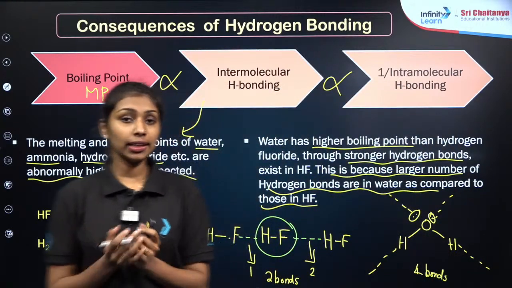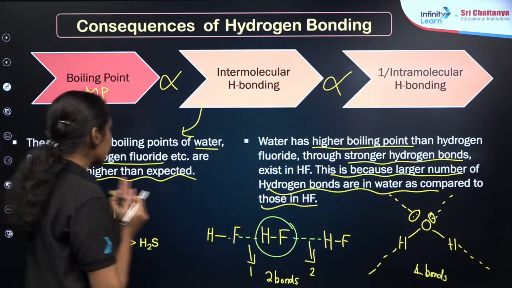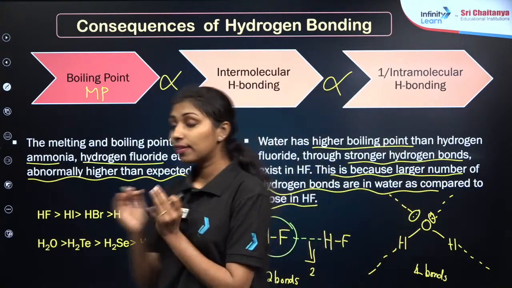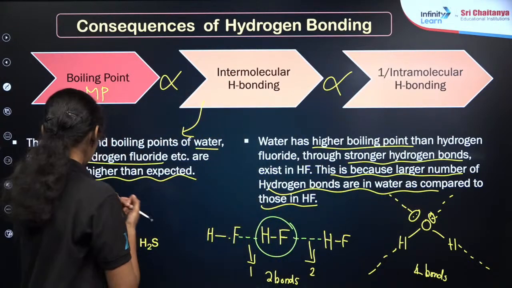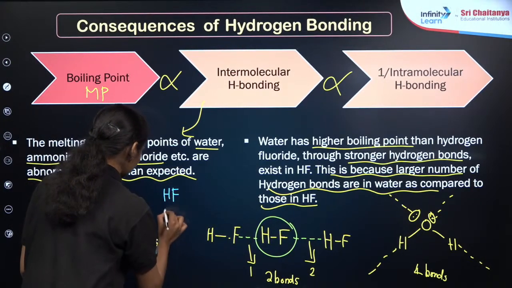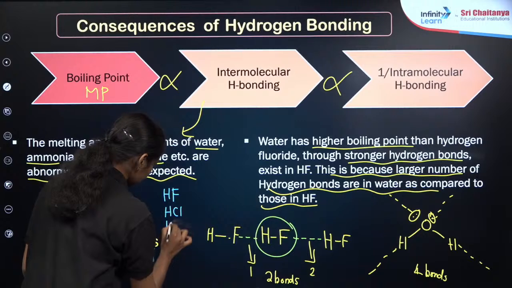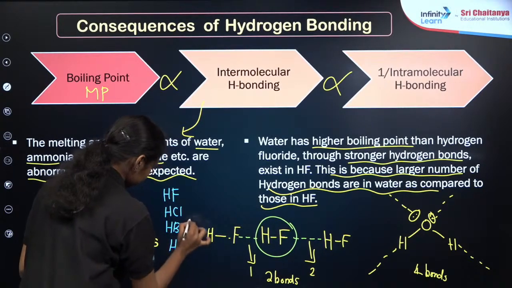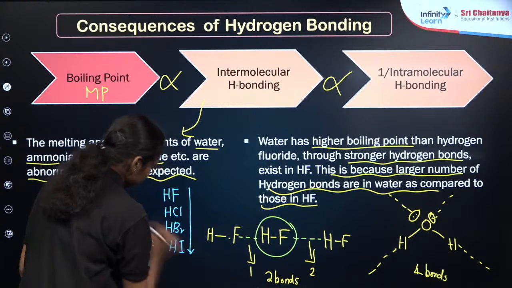Now, if I am taking the hydrides of the halogen group, fluorine, iodine, bromine and chlorine, what will happen to the boiling point order? For example, HF.